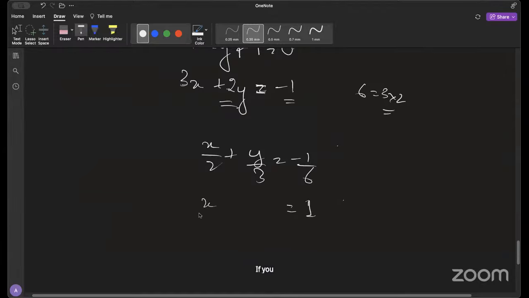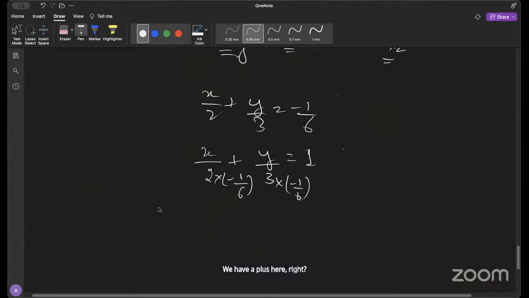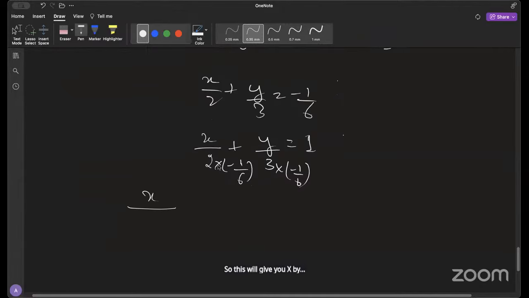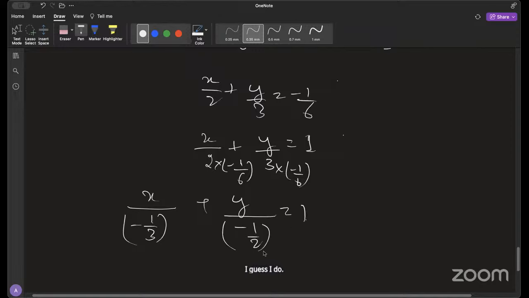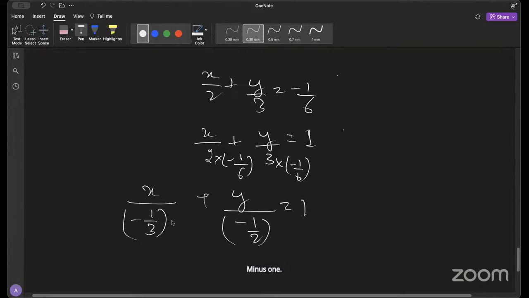If you divide this thing by minus 1 by 6, you'll get 2 into minus 1 by 6 and 3 into minus 1 by 6. You have a plus here. So this will give you x by 1 by 3, minus 1 by 3, and this will give you y by minus 1 by 2 equals 1.